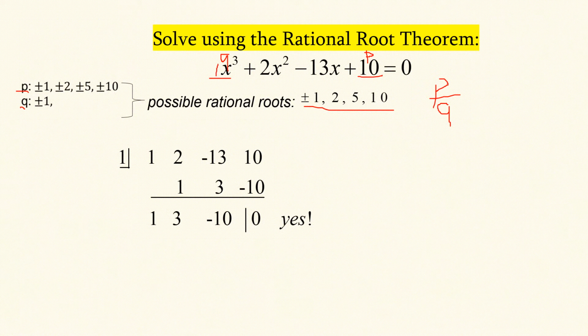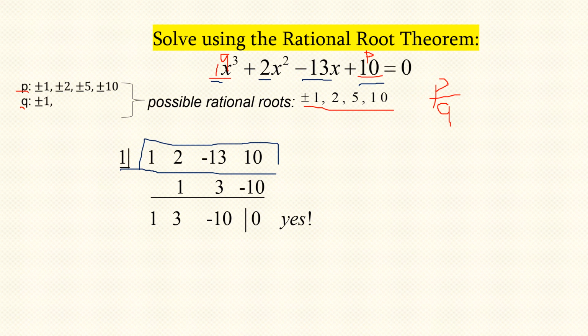So, kapag positive 1, ganito yung ating magiging solving. So, we have here, kinuha lang natin yung coefficients natin sa ating given function. So, we have 1, yung ating 2, negative 13, and positive 10. So, eto na siya.